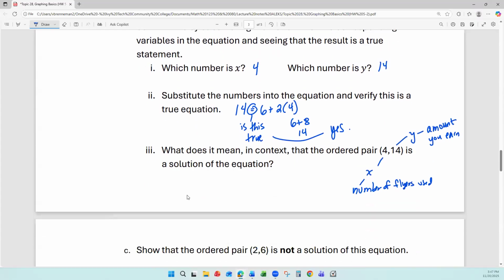So if or when 4 flyers get used, you will earn $14 total. So something like that. So the word pair is saying that those two pieces of information go together with each other.